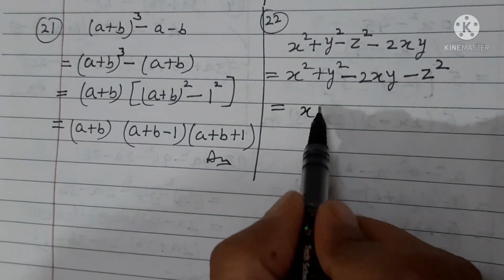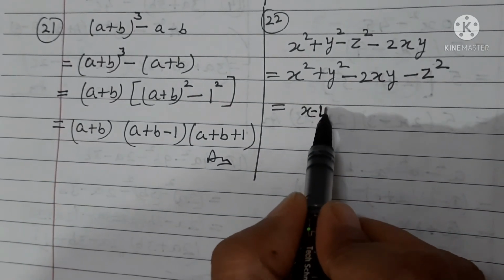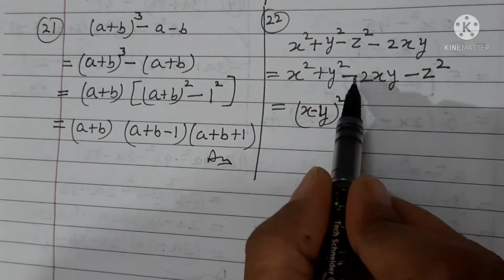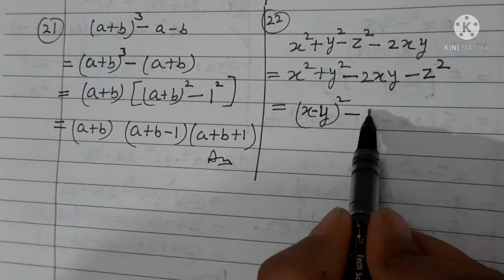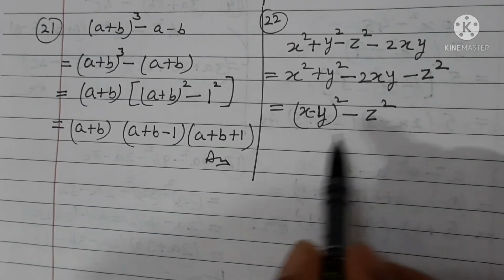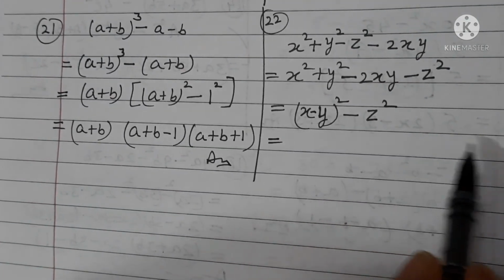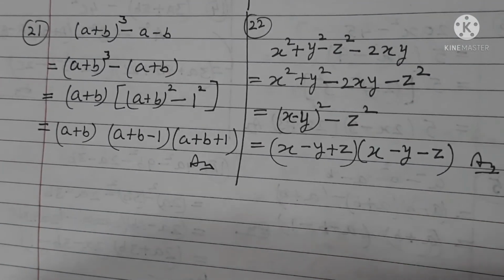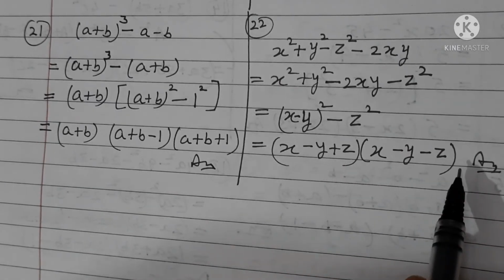This becomes x minus y whole square, because minus is there, minus z square, and use the identity a square minus b square is equal to a plus b and a minus b, and get the answer. Now this is the answer.